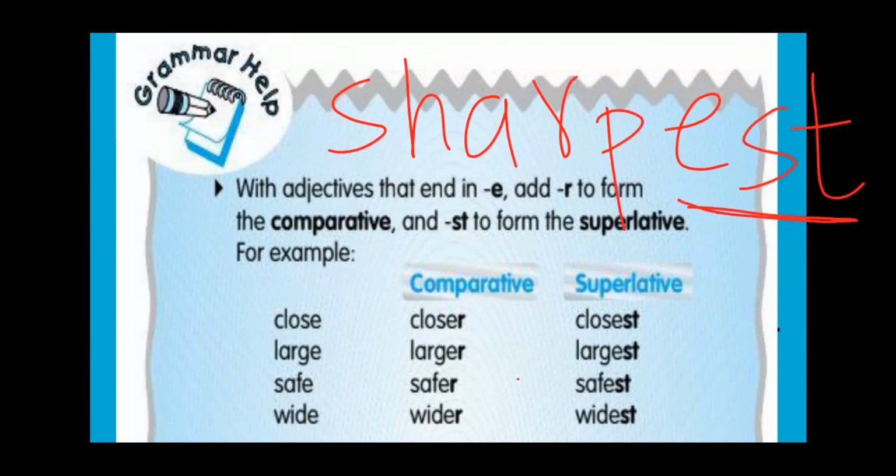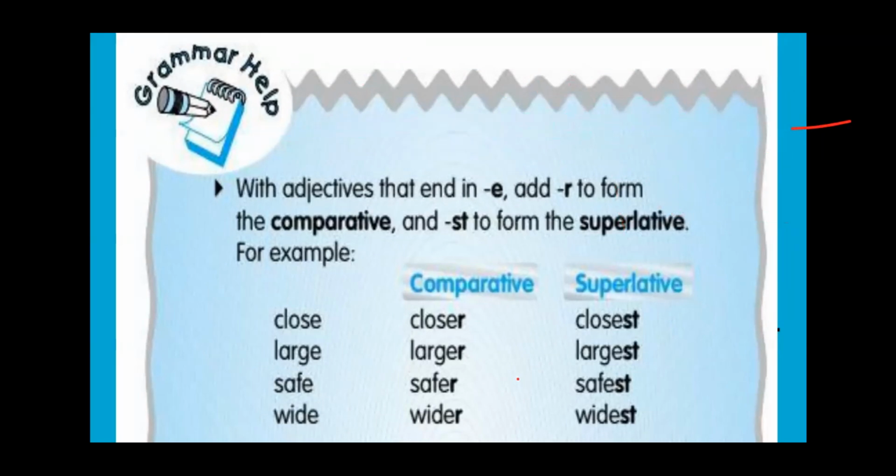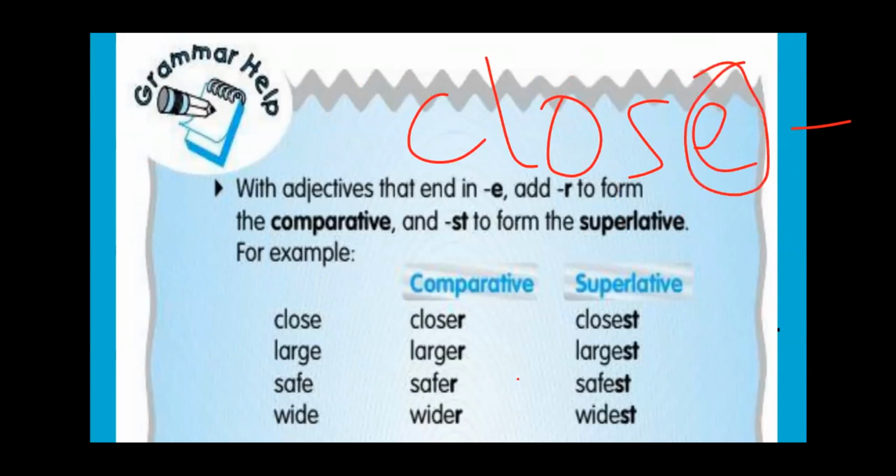So usually the standard rule is we add er and est respectively to form the comparative and superlative. But when the words end with E, like the word close, it's already ending with E, right? So we won't add one more extra E and R over here. We will just add a single R.